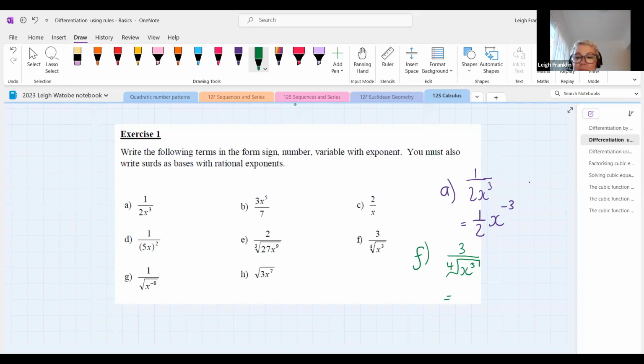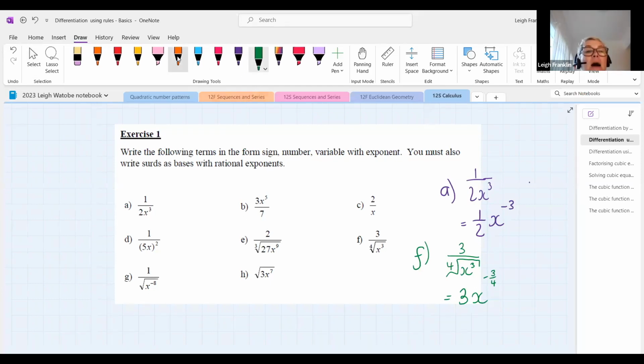I think it's 3 multiplied by x to the exponent negative 3 over 4. Yes, beautiful. 100%. Fantastic. Very nice.